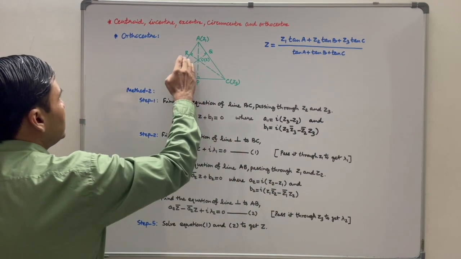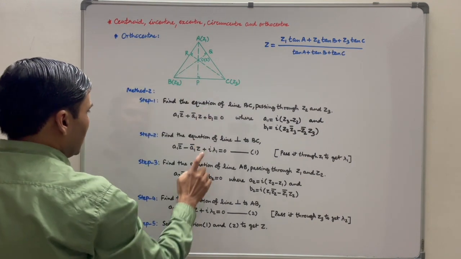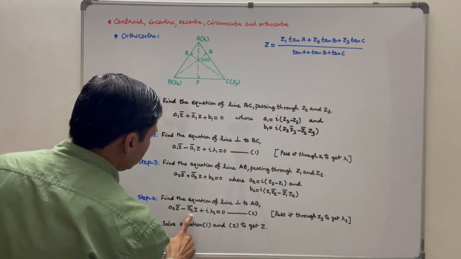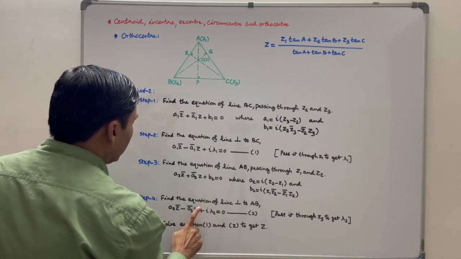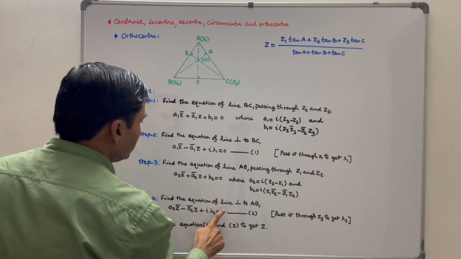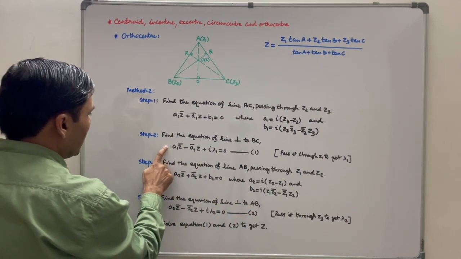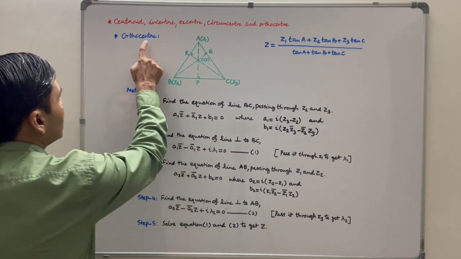Next, we will find the equation of a straight line that is perpendicular to AB, and that is given by A2 Z bar minus A2 bar Z plus i lambda 2 is equal to 0. We will pass this line through Z3 to get lambda 2. Suppose this is equation number 2. Now we will solve equation number 1 and equation number 2 to get Z, which will be the orthocenter.